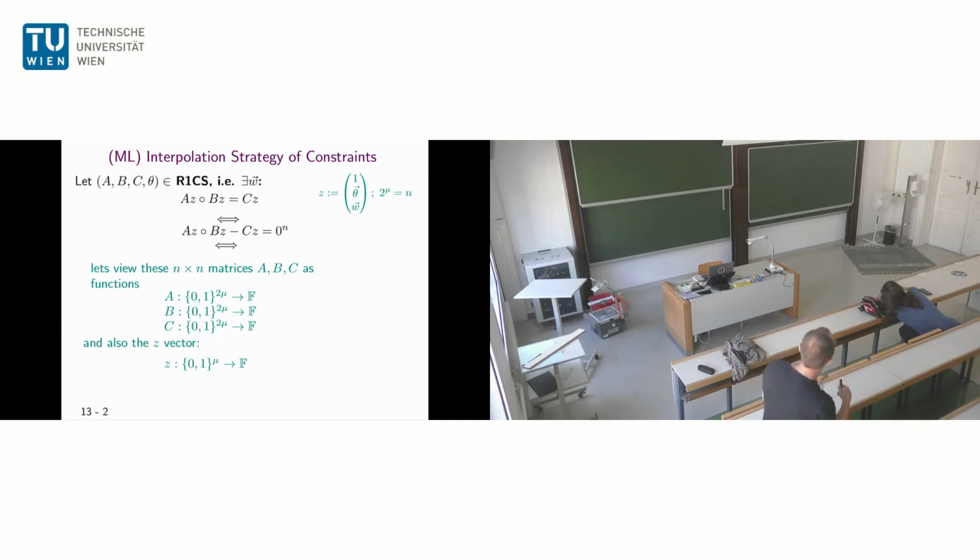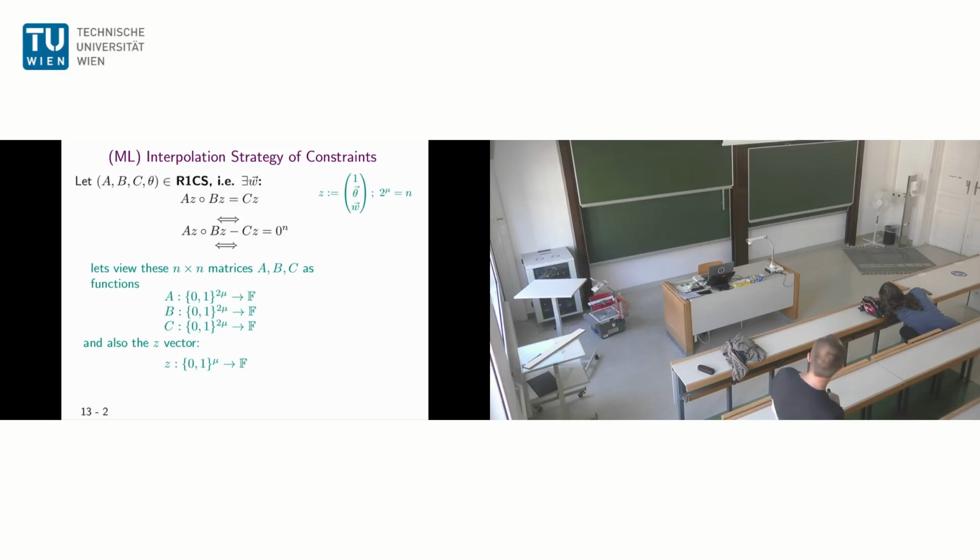So if you give me 2 bit strings of length mu, it exactly tells me where to look. Okay? So we can view those matrices as functions that map now 2 mu bit strings onto a field element. Is that clear to this point? Yeah? Okay.